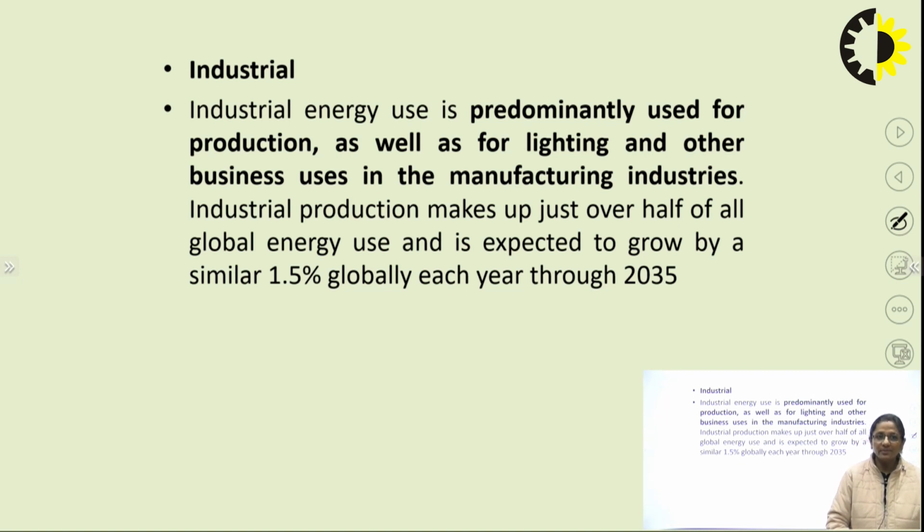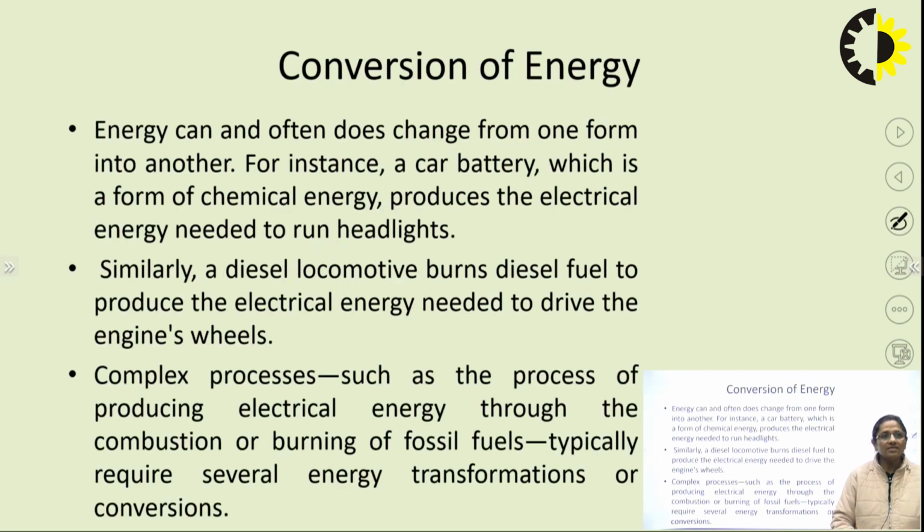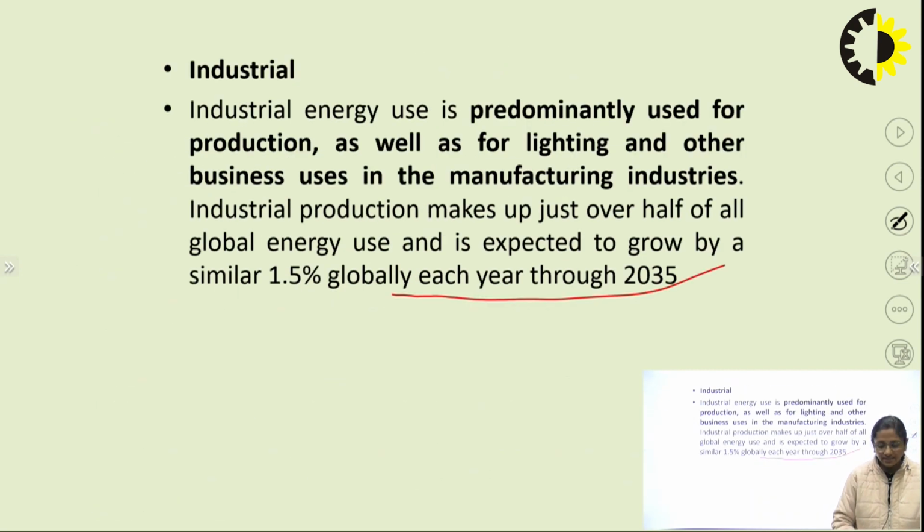Industrial production makes up just over half of all global energy use and is expected to grow by a similar 1.5% globally each year through 2035. So this was about the various uses of energy in daily lives: residential, commercial, industrial, transportation.